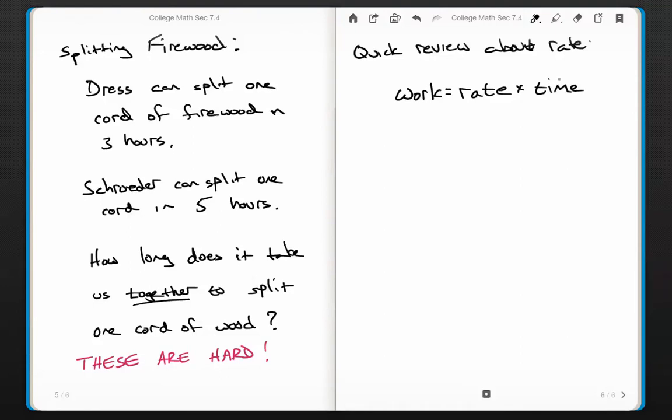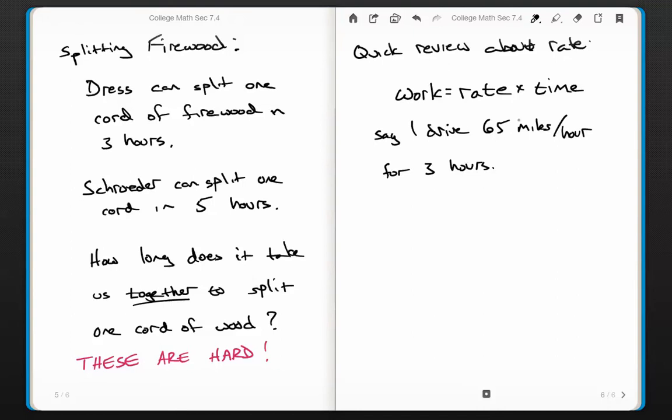So an example of that, well, a really common rate is, let's say I drive 65 miles per hour for 3 hours.